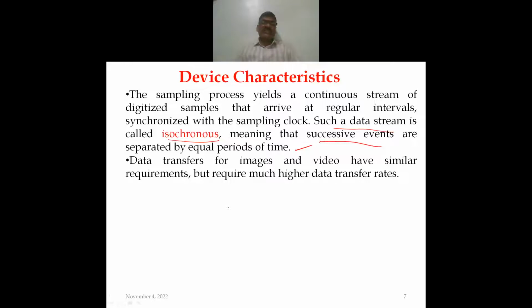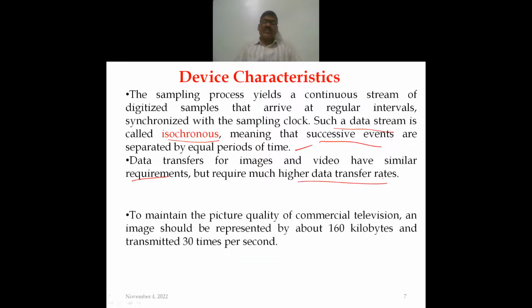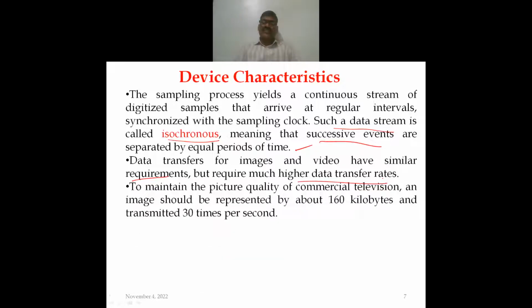The data transfers for images and video have similar requirements but require much higher data transfer rates. To maintain the picture quality of a commercial television, for example, an image should be represented by about 160 kilobytes and transmitted 30 times per second.